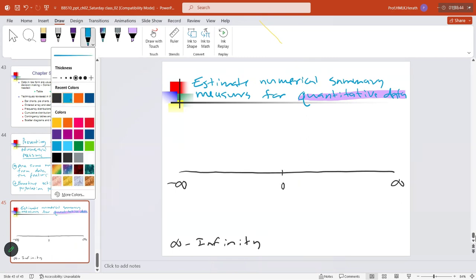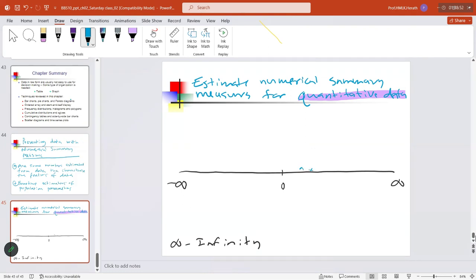We can put our data on the real number line, so we can have data like this. You can place your data like this.